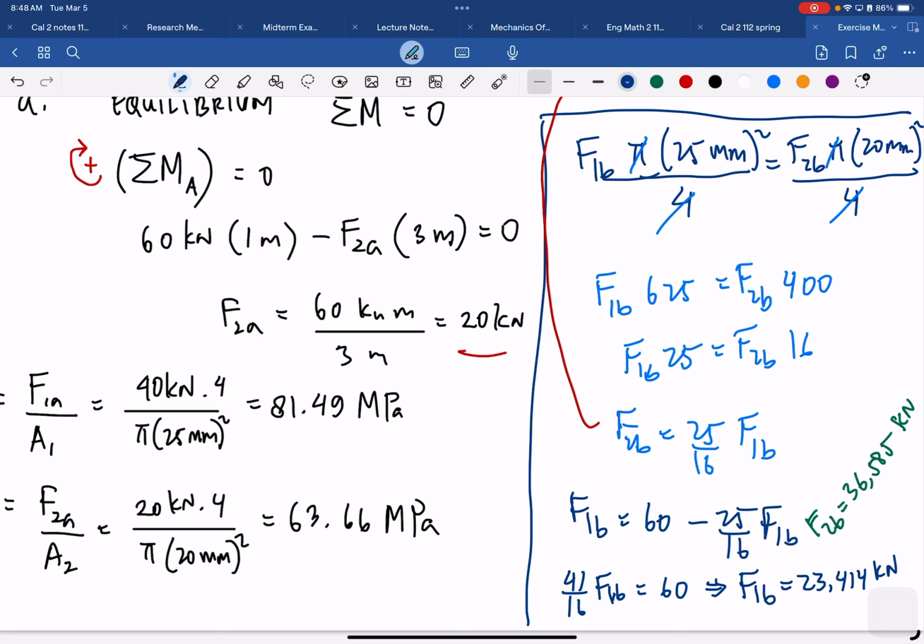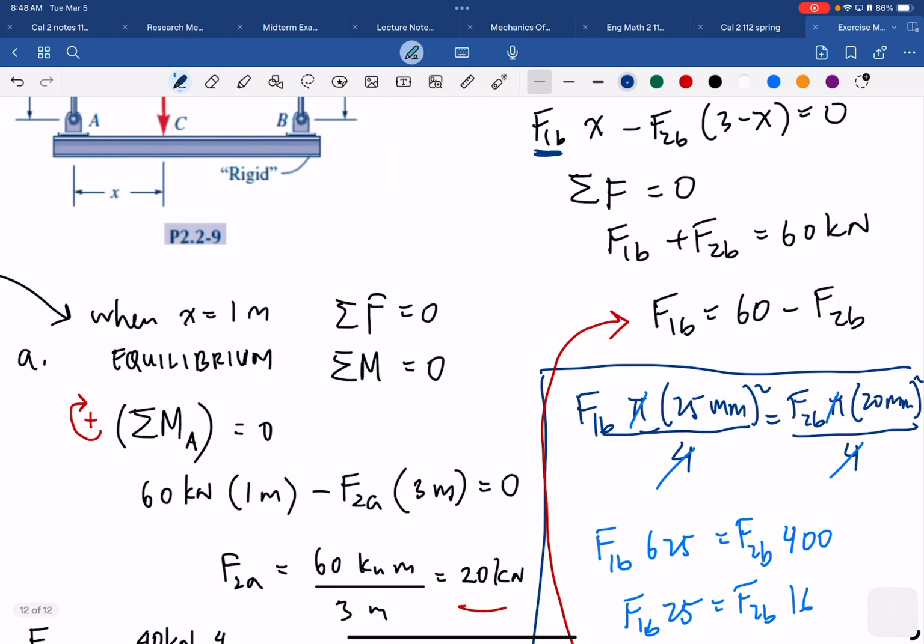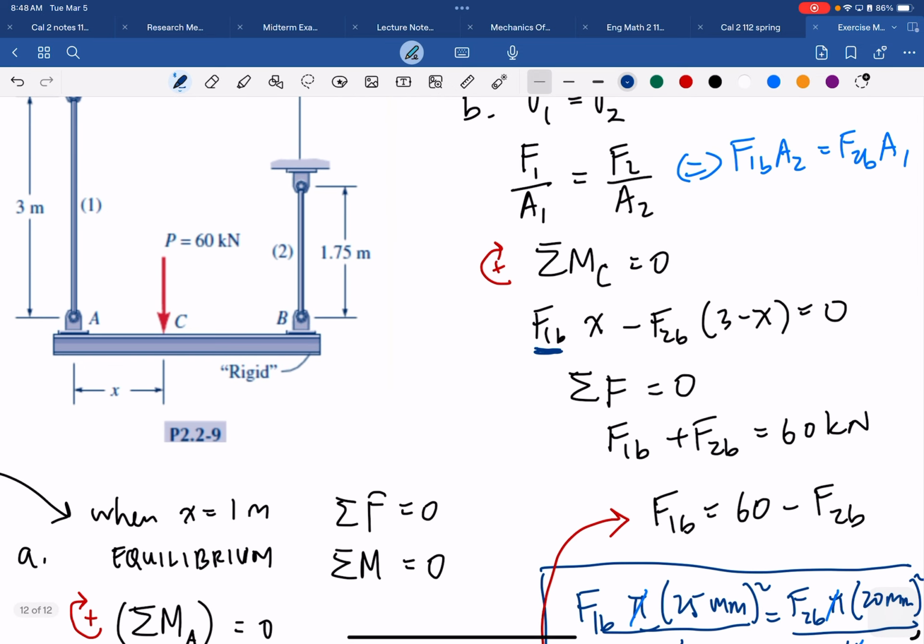Okay, so we get F1B, we get F2B, and you can get the stress. You can define it by each area. And then this F1B and F2B can be put into the moment equations, so we get the answer. I didn't put everything, but I think you get the idea, right? You can just put it into the calculator with all the decimals. Okay.